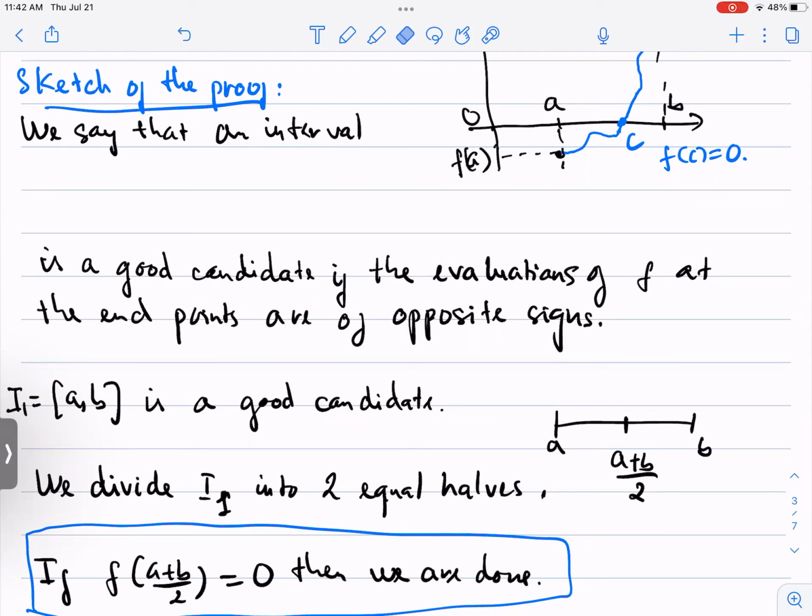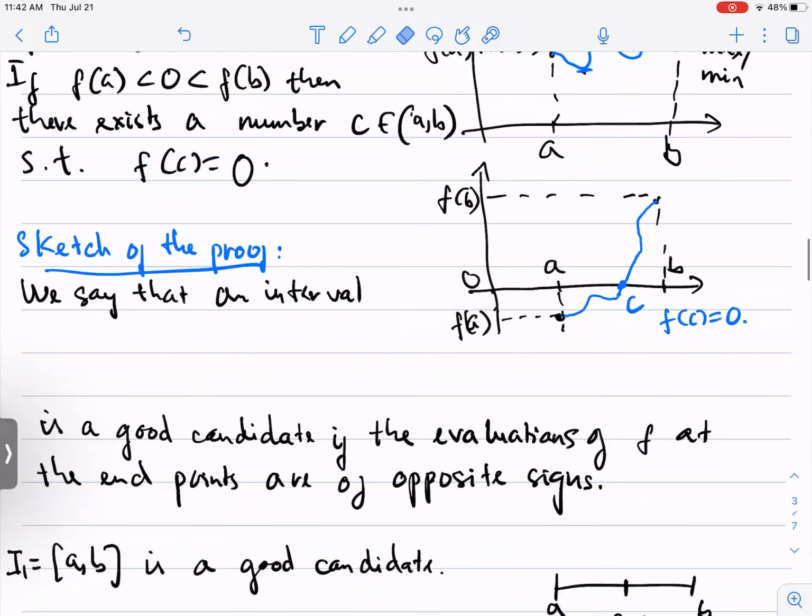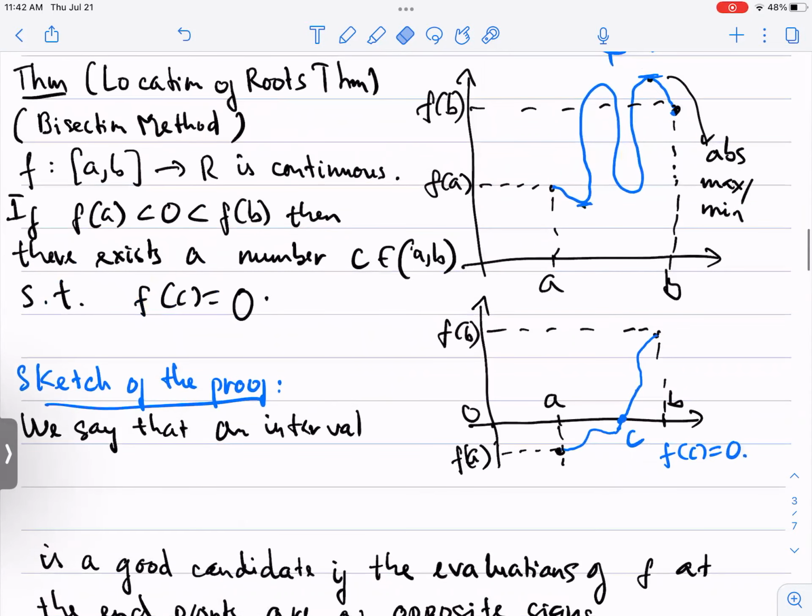The idea of the proof is as follows. We're going to call an interval a good candidate if the evaluation of the function f at the endpoints of this interval are of opposite signs. And the reason it's a good candidate is because it has the same property as the original interval here.